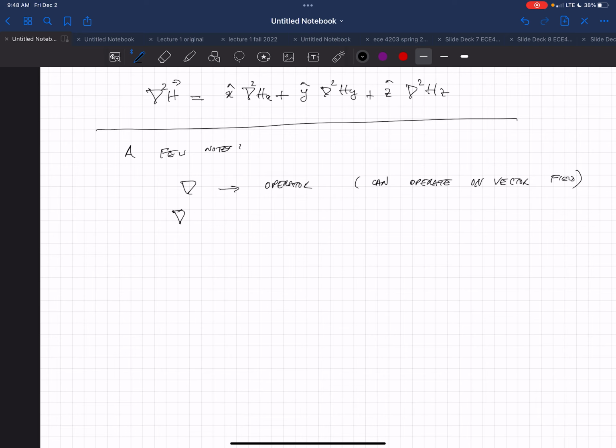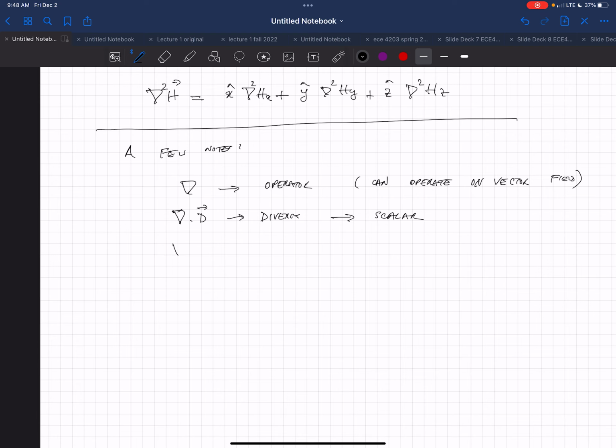Now here comes the cool stuff. This is a divergence operation. That's called divergence. And the output of this operation is a scalar. It's no longer a vector. Okay?